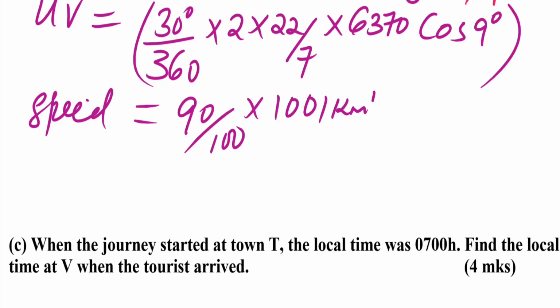So that would be the speed of the second aircraft, because it is 90% of the first one. And the first aircraft has a speed of 1001 kilometers per hour.